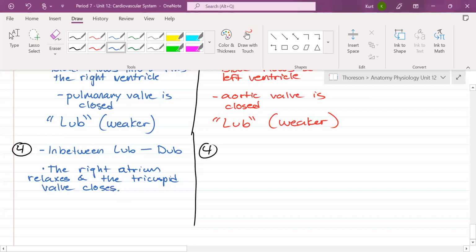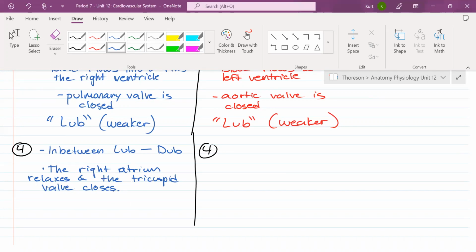closes. Can you guys think of a consequence of leaving your tricuspid valve open once blood is in the ventricle? It could go backwards. Blood could flow backwards, and that's not good. There are plenty of people in the world and even in the school that have a faulty tricuspid valve. And so when their valves close, a little bit of blood can kind of squirt backwards, and that's not good.